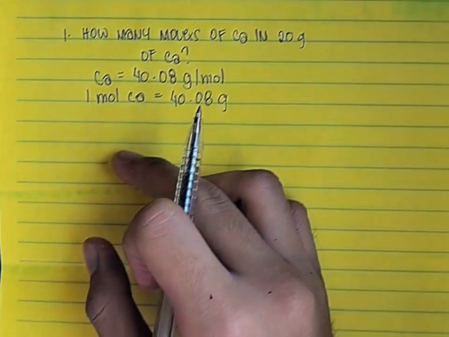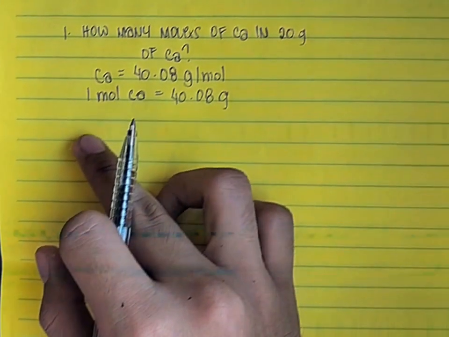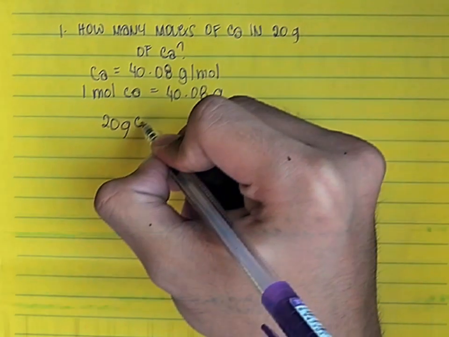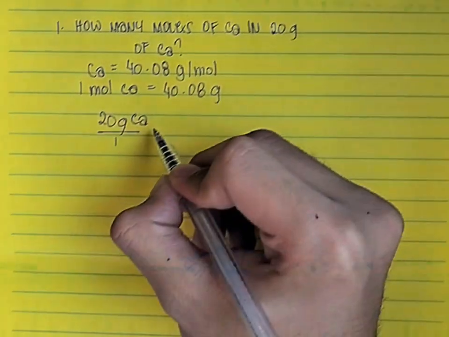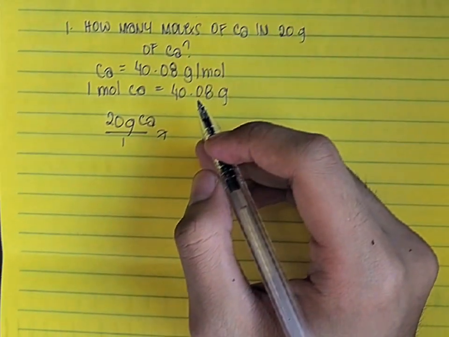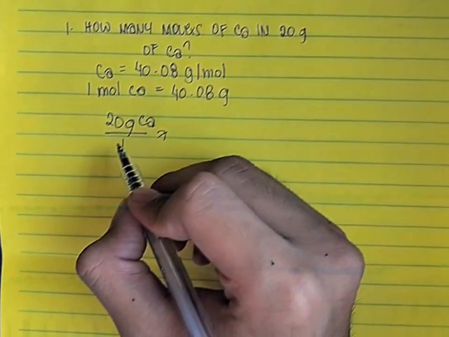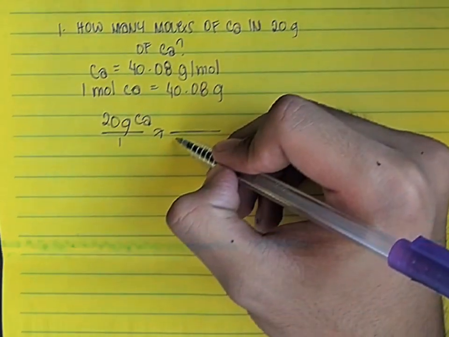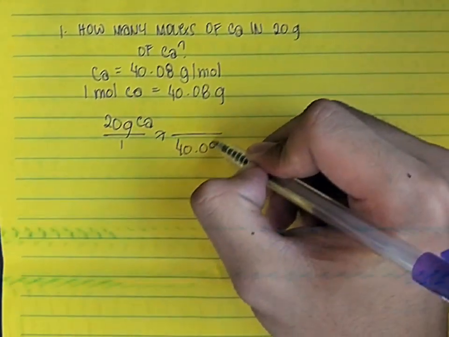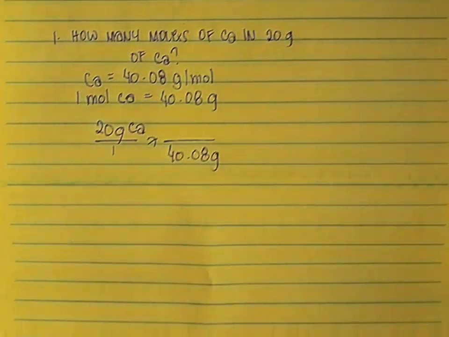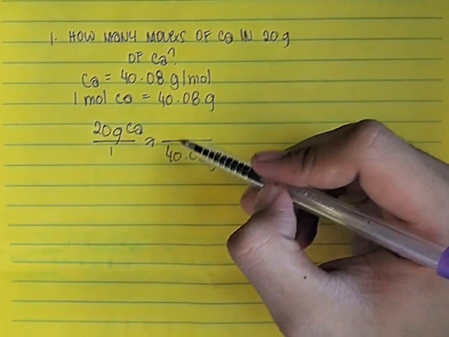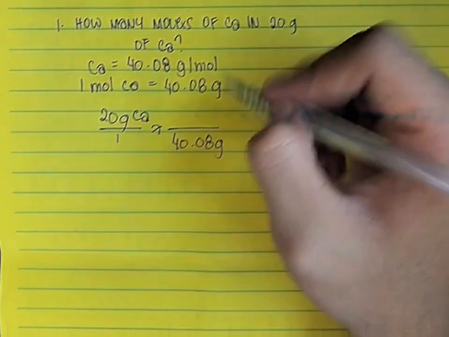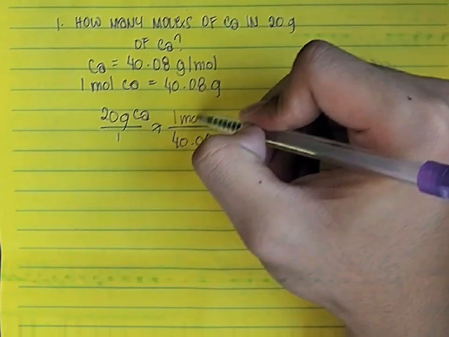Now let's start on what we're given. What we're given is 20 grams of calcium over 1. Since the unit on the top left is grams, we need the bottom right to be grams too. So 40.08 grams. Then in every 1 mole of calcium, there's 40.08 grams, which means the top is 1 mole of calcium.